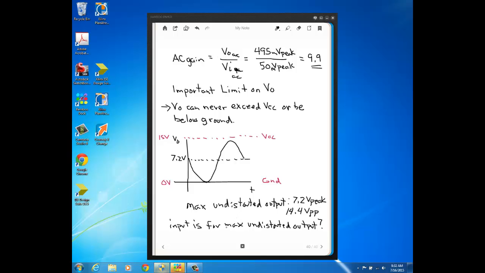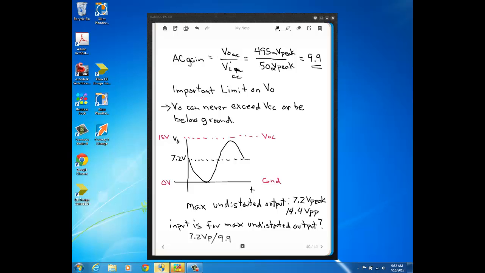To answer that question, you just take your maximum undistorted output and divide by the AC gain, because your AC at the output is always related to your AC at the input through the factor of the AC gain. So for this example, we would take either 7.2 volts peak, or the 14.4 volts peak to peak, and just divide by the AC gain.